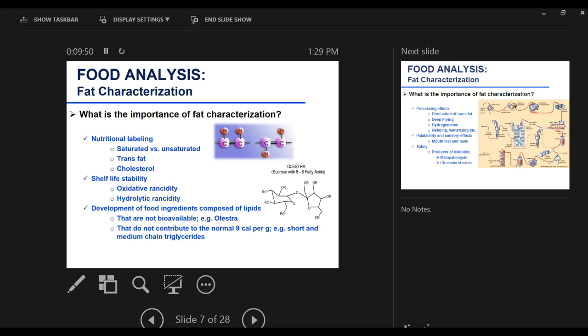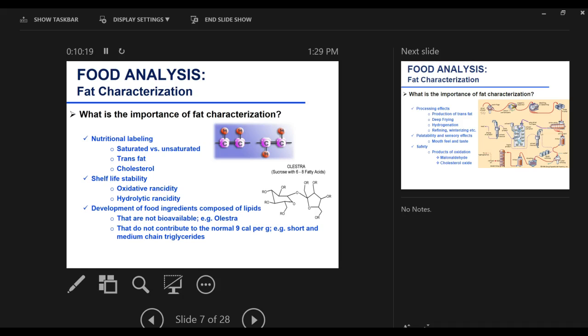Sometimes we have food ingredients that simulate lipids but have no biological value, like olestra: you have 8 fatty acids associated with sucrose. They're not digestible, so they give you the feel of the fat, the mouthfeel and the taste, but they don't give you calories, so we need to differentiate them, characterize them.